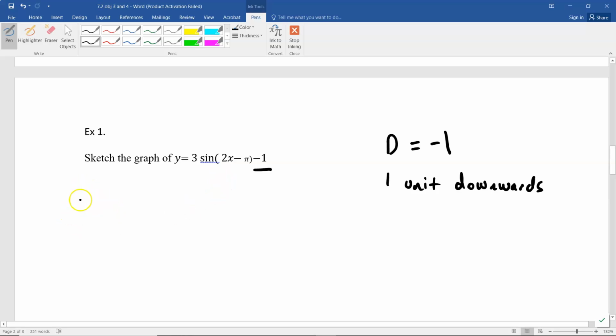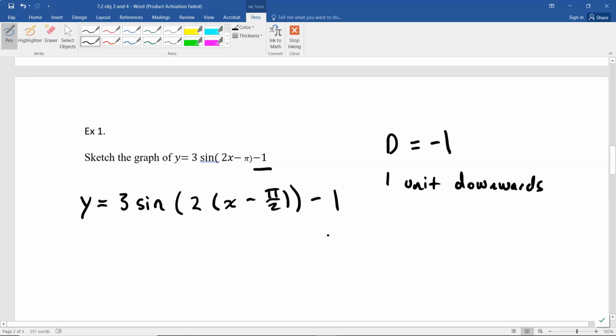So I'm going to do a rewriting step where I factor out that 2 in front of our x. So we take the 2 out, which means we have to divide 2x by 2, leaving just x, and we divide pi by 2 as well, leaving us pi over 2. So that's all we had to do in this step in order to rewrite our function in the way that we would like it to appear.